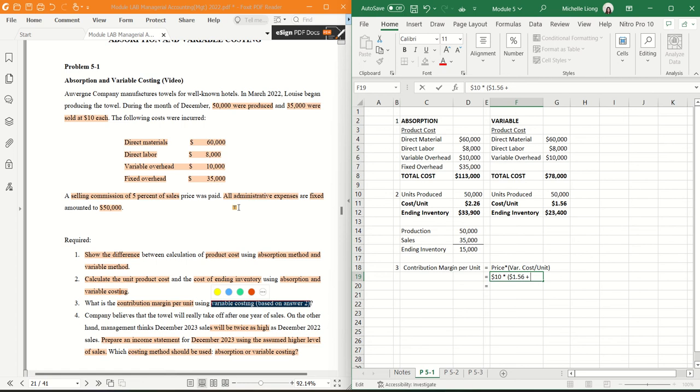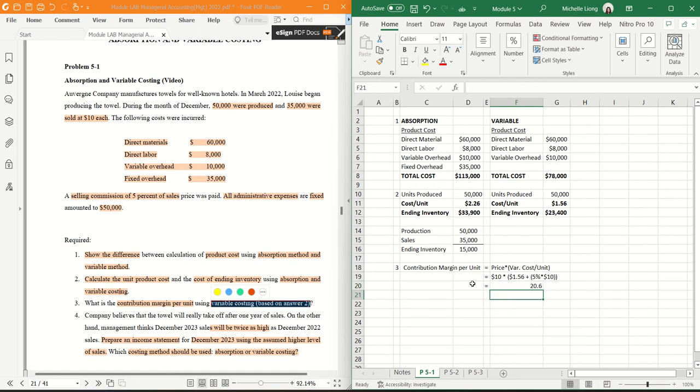The selling commission is 5% of sales. Because we are finding it in unit, we are trying to find the commission per unit as well. So we just need to calculate it: 10 minus 1.56 minus 10 times 5%.